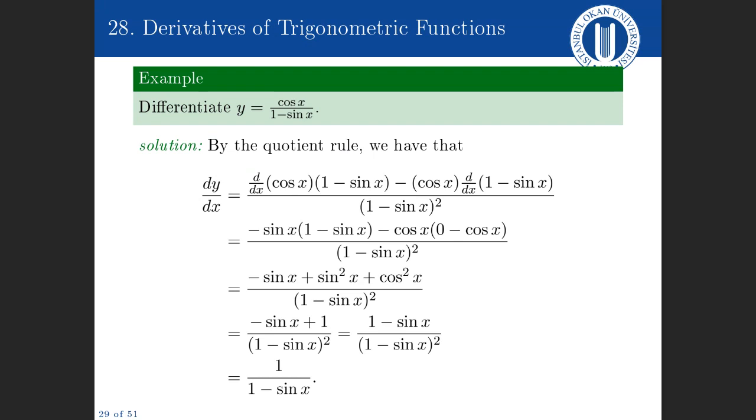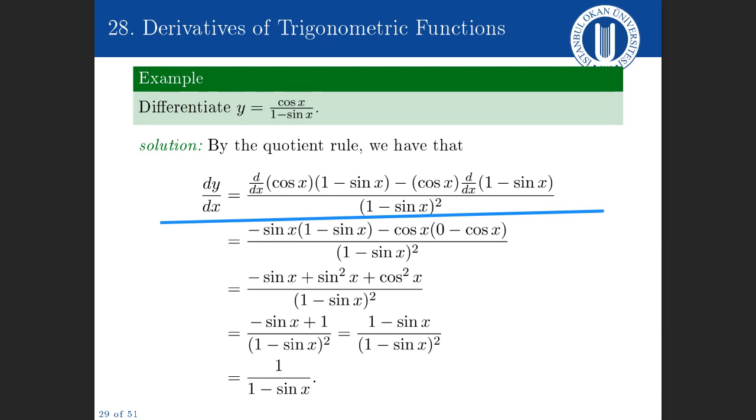Differentiate y is equal to cos x over 1 minus sine x. This is a quotient rule question. So we start with u prime v minus uv prime divided by v squared.